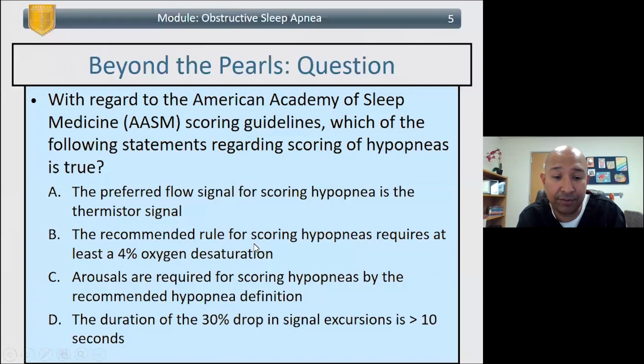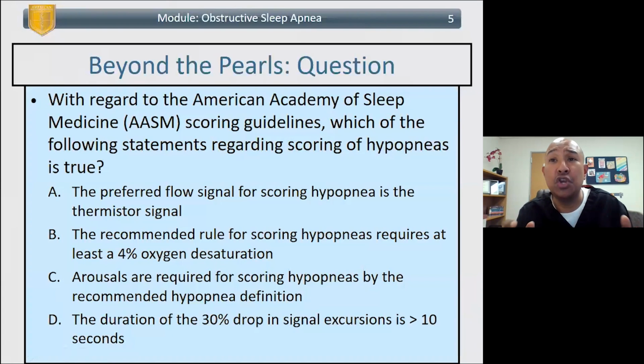C, arousals are required for scoring hypopneas by the recommended hypopnea definition. This goes back to, well, how many rules are there? There's 1A and 1B. When we talk about arousals, we're going to be using the 1A rule, but is it required to have arousals to score these hypopneas?